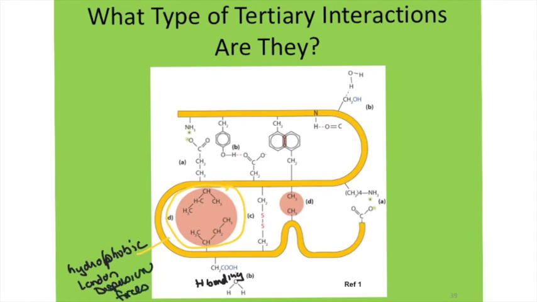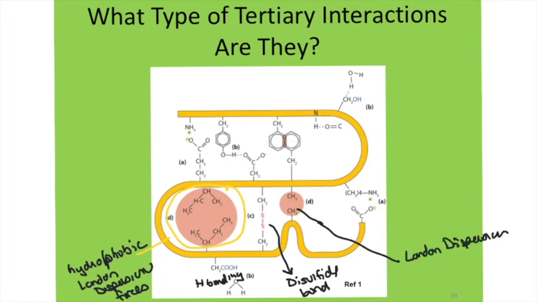Okay, so those are nonpolar interactions. Here we have two, it looks like a 5, it's supposed to be an S. So that's a disulfide bond between 2 cysteine residues. Here we have also more London dispersion forces, or what we can call hydrophobic interactions.